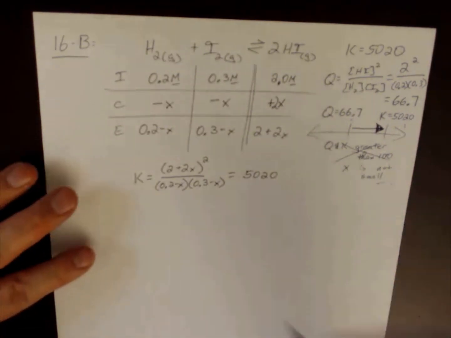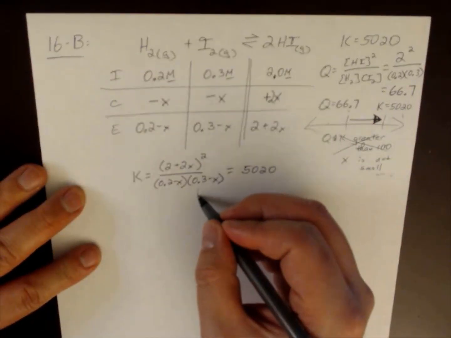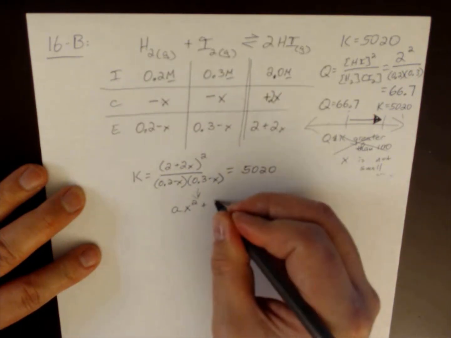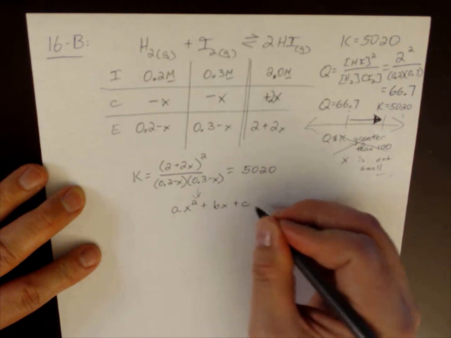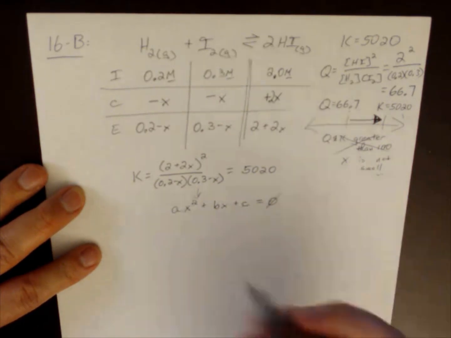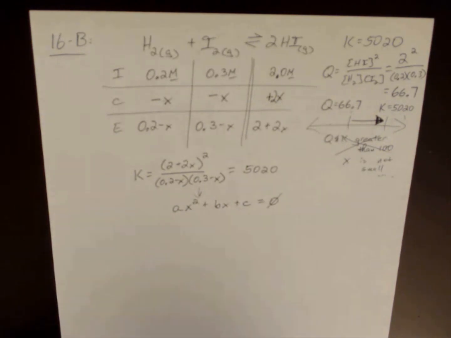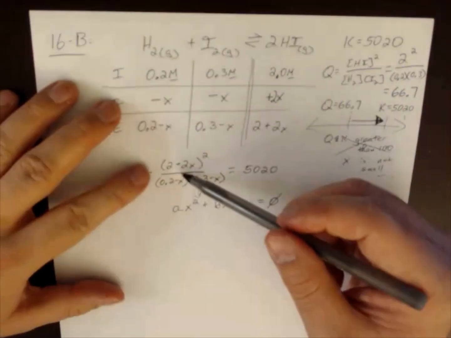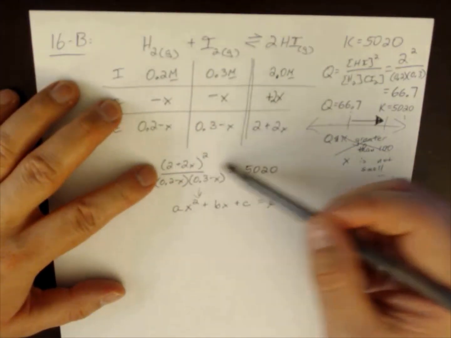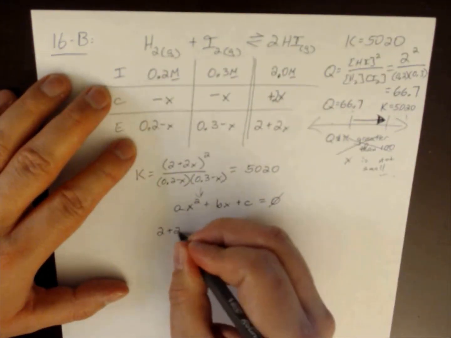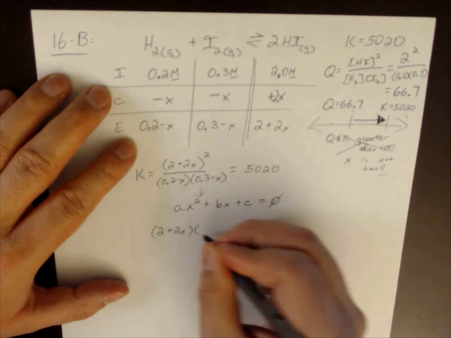So what I need to do is change this to get something that looks like the quadratic equation. I need an x squared term, an x term, and then one with no x. So I need to distribute these. It's 2 plus 2x times 2 plus 2x.